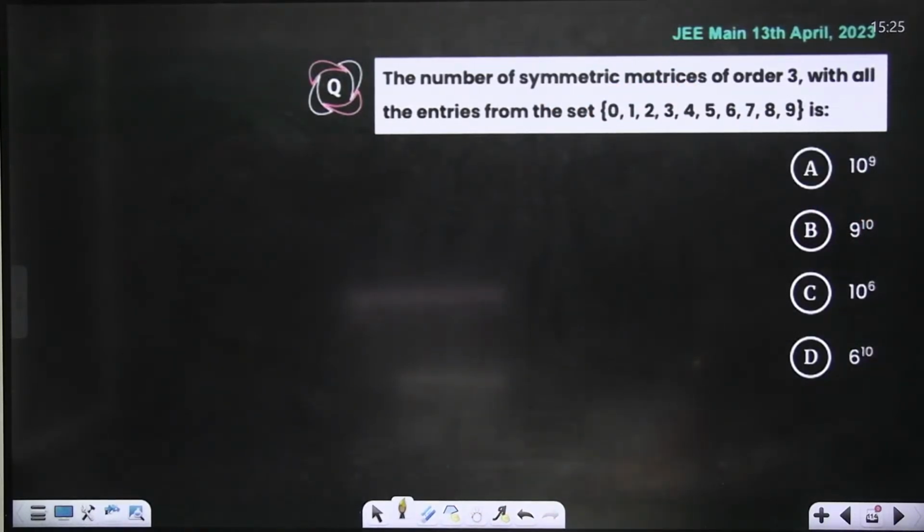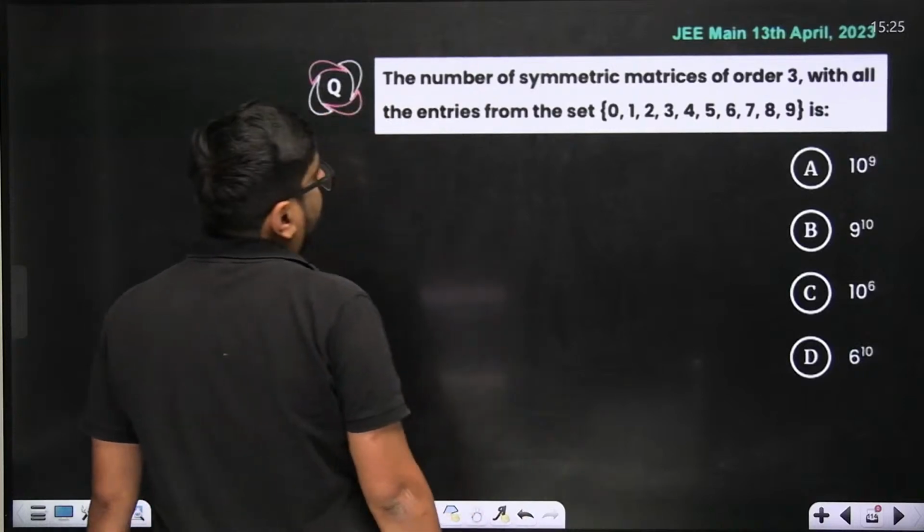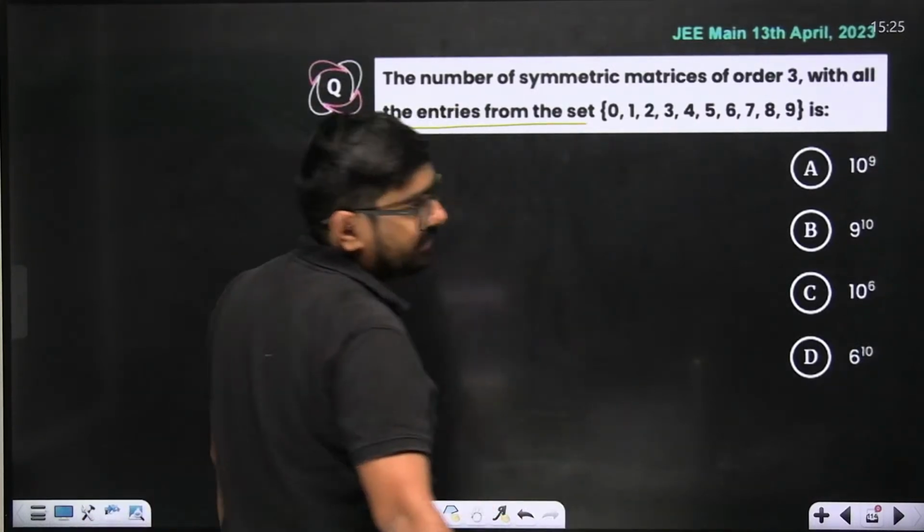Try to give the answer if you can. Number of symmetric matrices of the order 3 with all entries from the set.